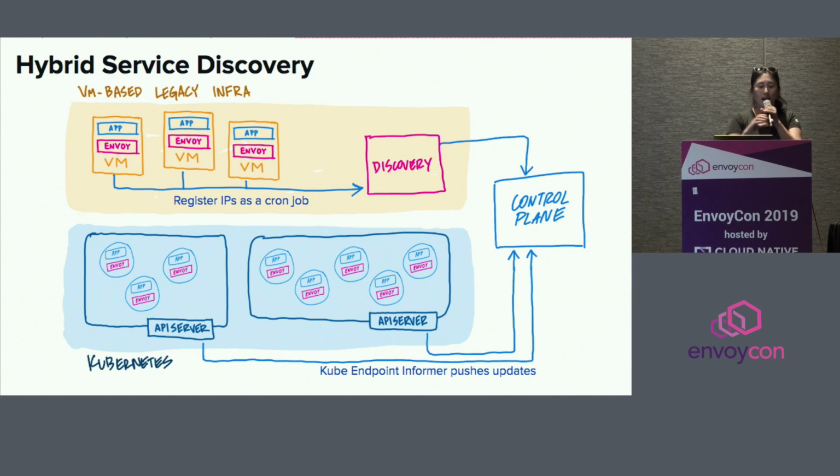So this is our hybrid discovery. Rather than Envoy sidecars polling, we've decided to send the old legacy infrastructure data into the control plane. So we were migrating over to an xDS control plane, which is written in Go, and that control plane also listens to the Kubernetes API server to get the state information of all the pods and IP addresses.